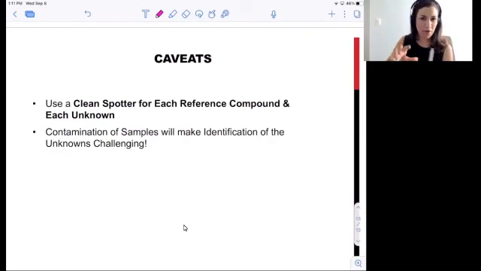Again, we'll talk about the specific experimental details, such as how to handle your TLC plate and how much liquid you want to spot at the point of origin during our in-lab discussion.